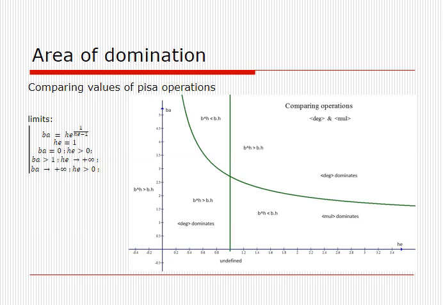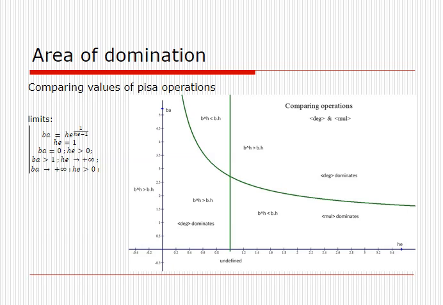Here we compare the values of two Pisa operations, multiplication and exponentiation. The area of domination of multiplication is that part of the domains where the result is bigger than the result of exponentiation.